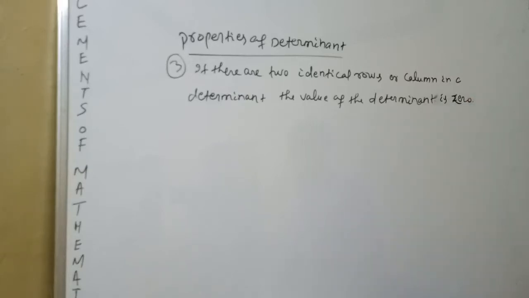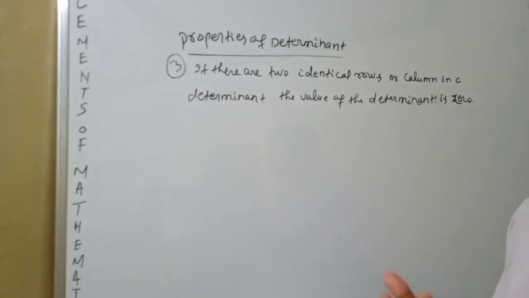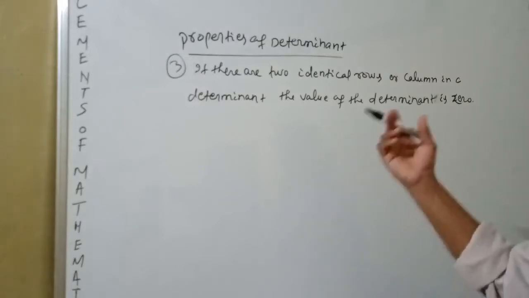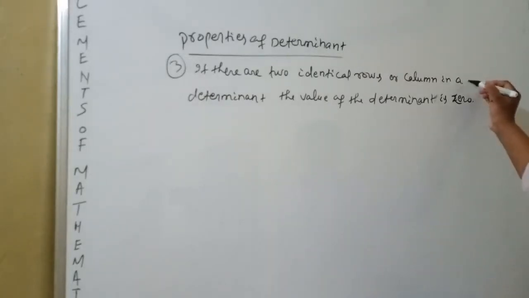Okay, if there are two identical rows or columns, that means two rows are equal rows, two columns are equal columns, two identical same to same rows or columns in a determinant, the value of the determinant is 0.